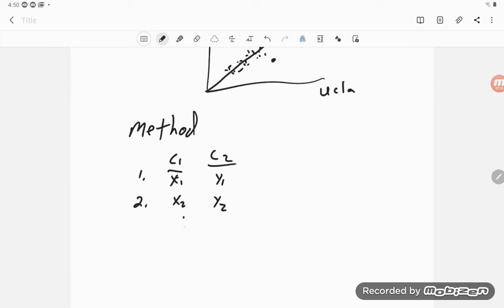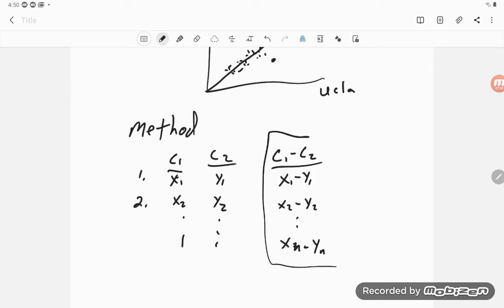What I do is make a third column, and it doesn't really matter whether it's C1 minus C2 or C2 minus C1. I'll just say C1 minus C2. I'll make that column x1 minus y1, x2 minus y2, and so forth, xn minus yn down here somewhere.